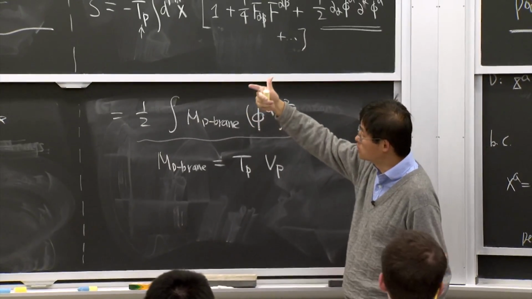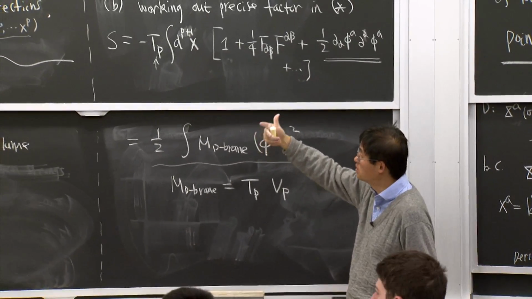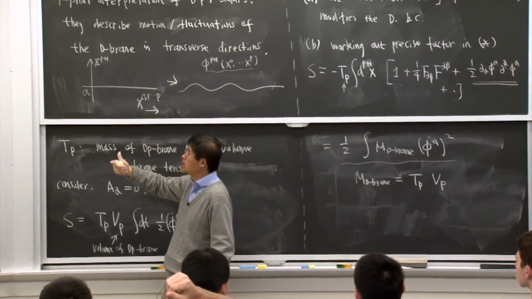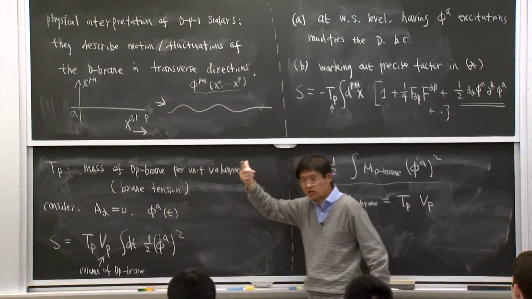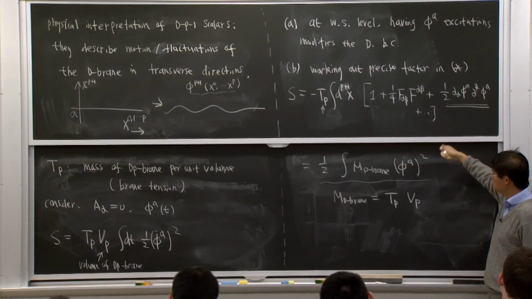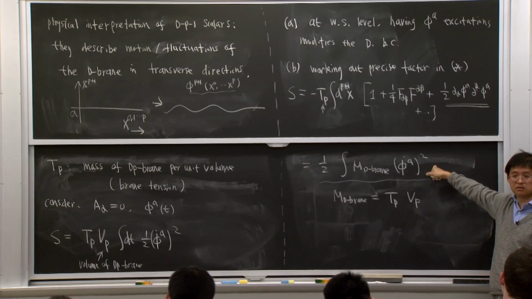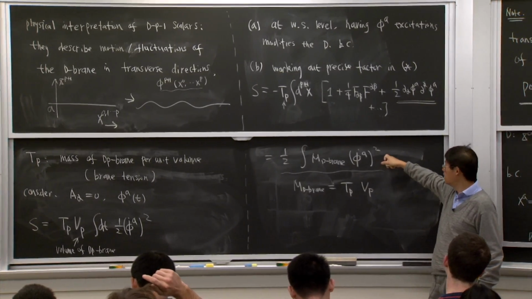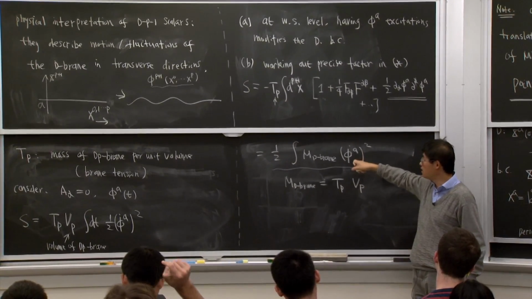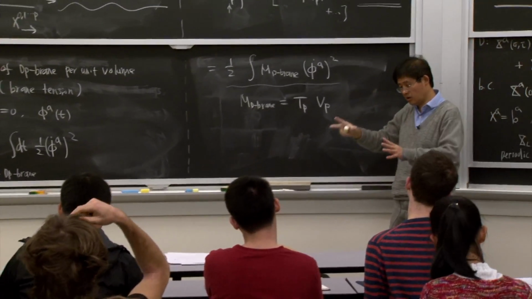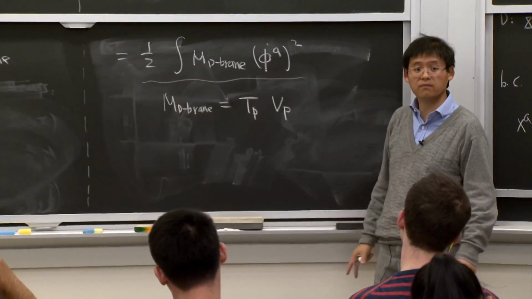Phi always corresponds to the motion of the D-brane, but with a specific normalization, phi can really be interpreted as a dynamical version of this coordinate in the transverse direction. And with that normalization, you see that this low energy effective action is like the motion of a massive object. And this confirms that phi indeed is the degree of freedom that describes the motion of the D-brane.